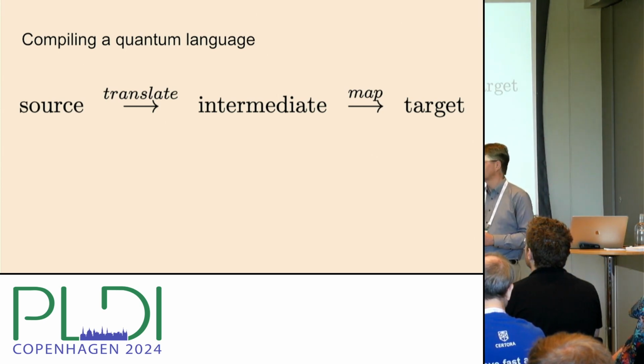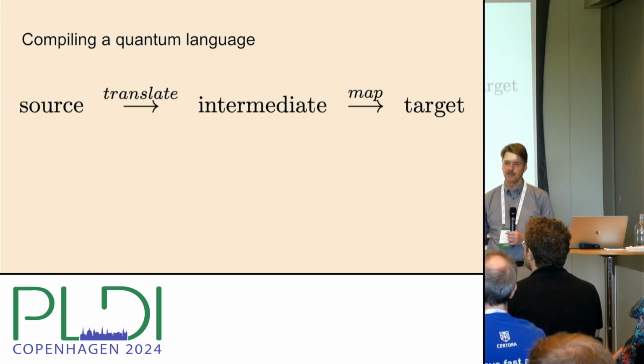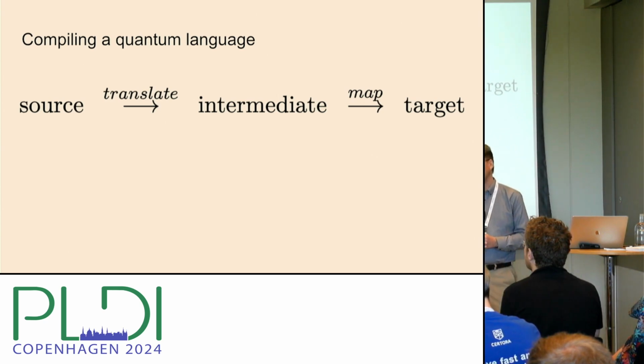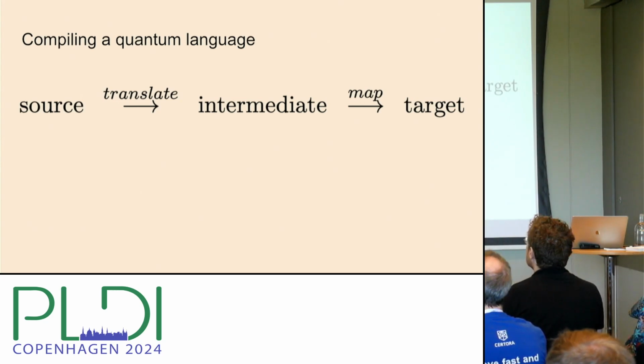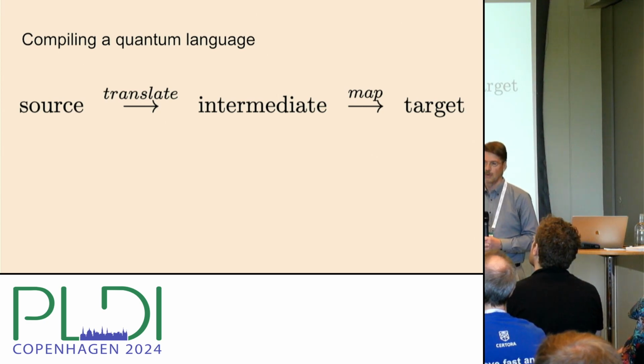The first abstraction is that we don't have to use the gates that are supported by the quantum computer. We can use any kind of unitary matrices, any kind of unitary linear function. And then what this translation step is supposed to do is to compile to the gates that are supported by the quantum computer we want to run on.